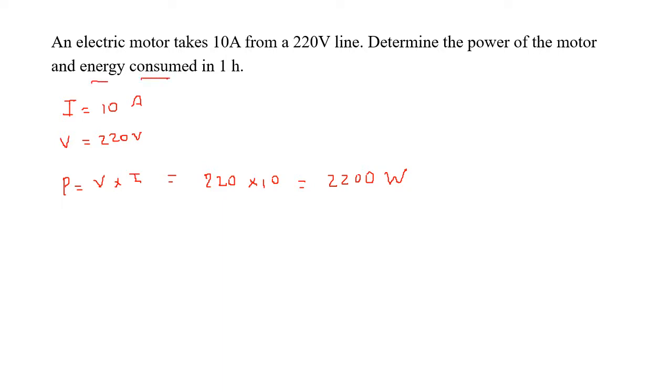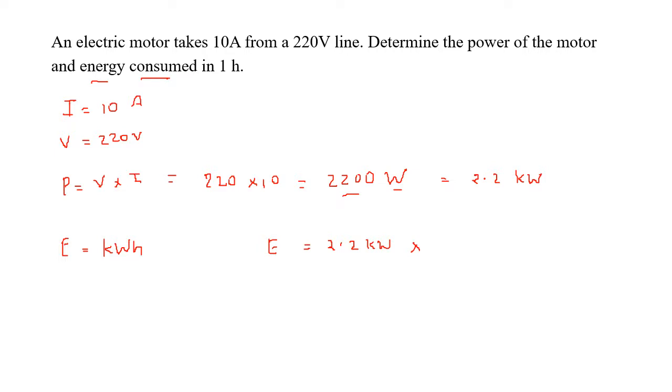Now the energy consumed in 1 hour. Electrical energy is given in kilowatt hour. So we have to convert this watt into kilowatt. So 2200 watt is 2.2 kilowatt. So the energy consumed is 2.2 kilowatt into the time.